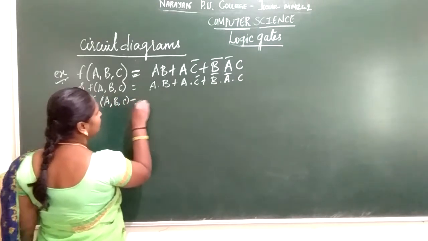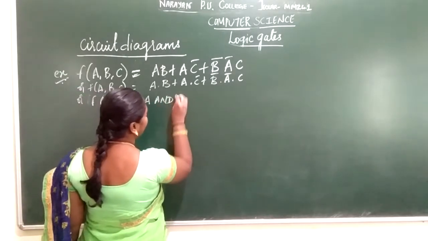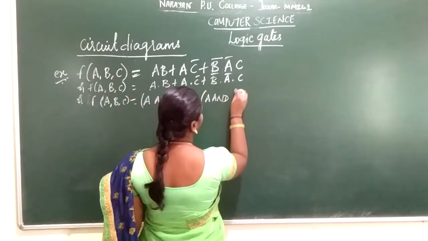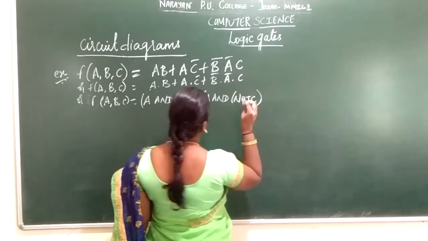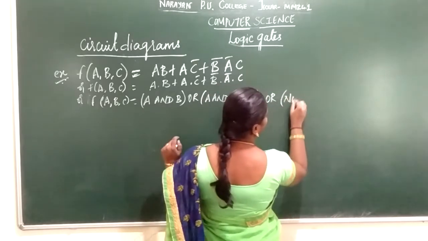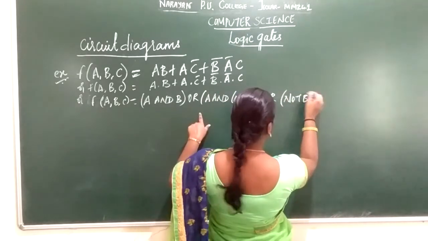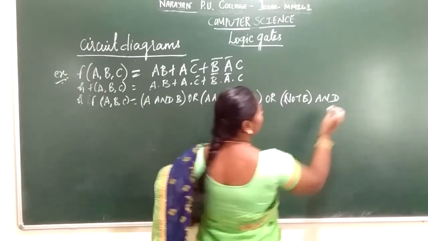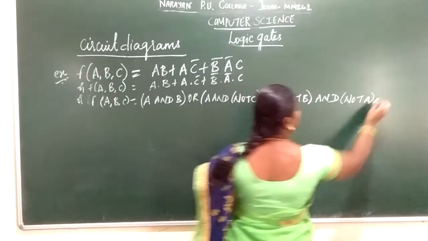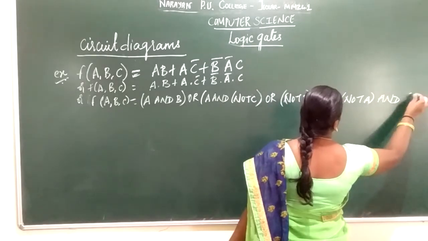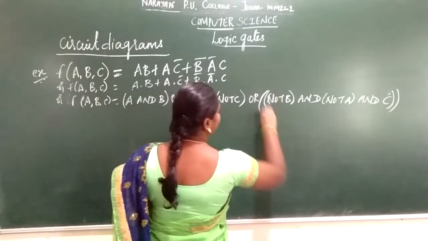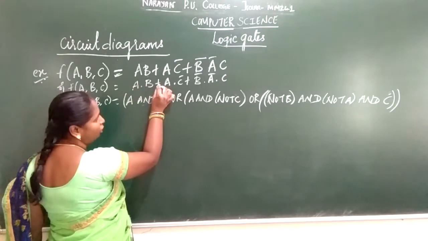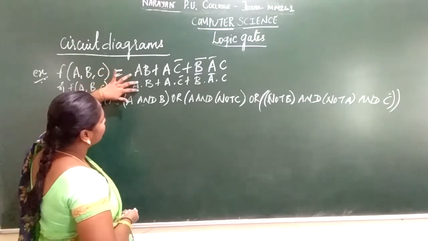In other words, it can also be written as F of a, b, c equals a AND b, OR a AND not of c, OR not of b AND not of a AND c.